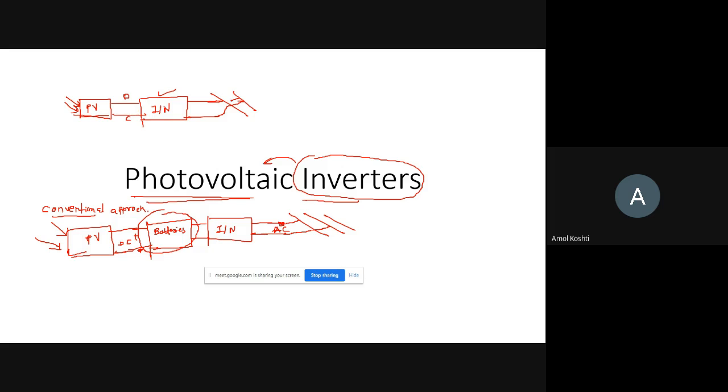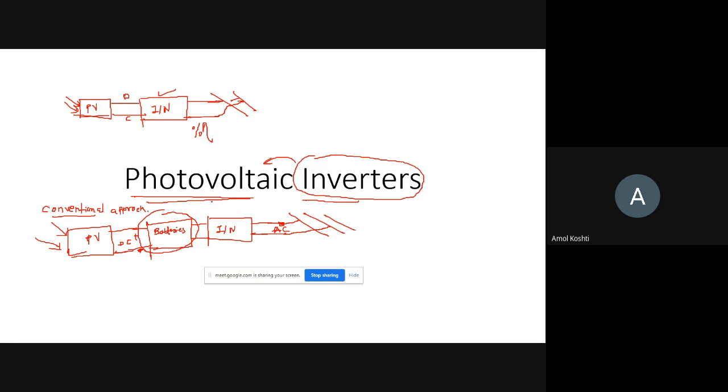So we need a very efficient output, and to produce efficient output we have to design this inverter specifically, like the special purpose motors. Similarly, these are special purpose inverters designed for the PV system.